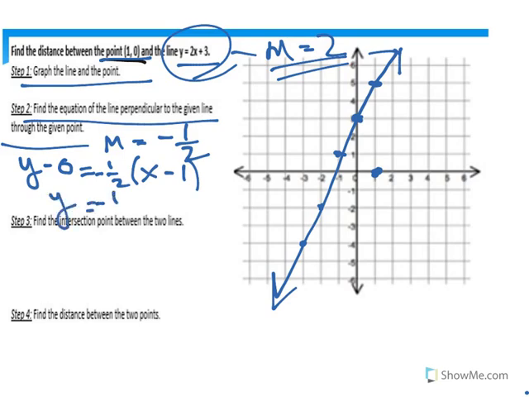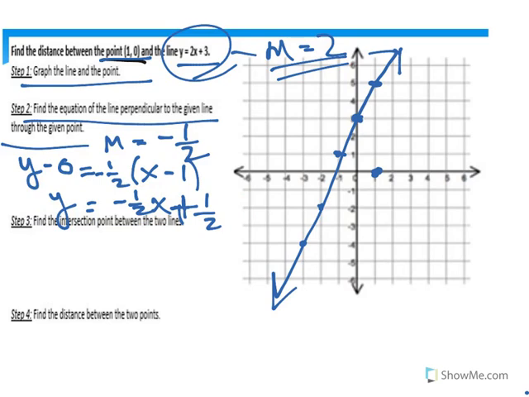I get negative 1/2 x when I distribute. And then a negative times a negative is a positive 1/2. And I am done with that part. We have been asked to give the line that is perpendicular.